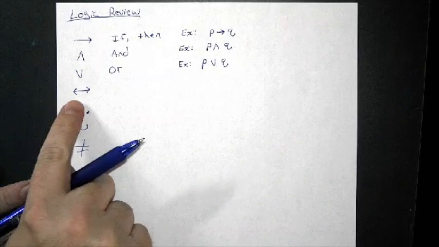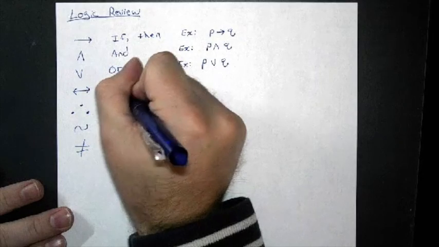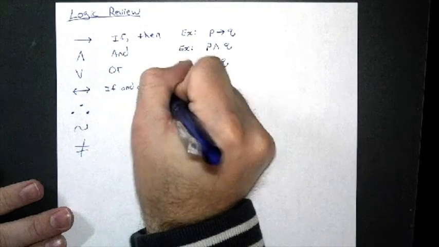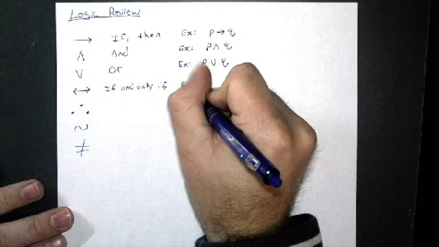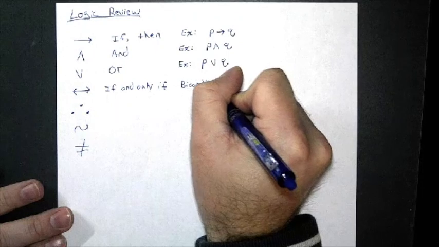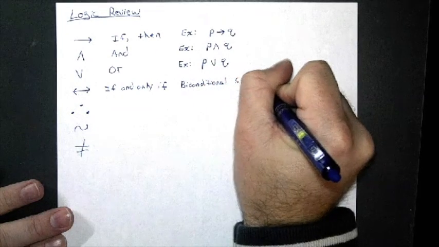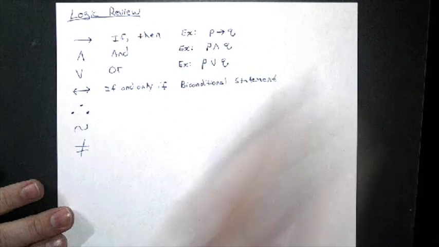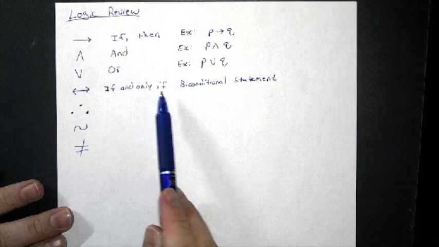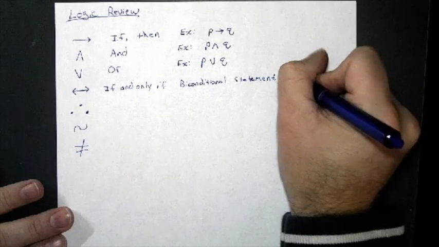The next symbol is a double arrow, and that symbol stands for if and only if. It's also the symbol for a biconditional statement. So if you see the double arrow, you know that the sentence should have the words if and only if, or the problem should tell you that it's a biconditional statement.